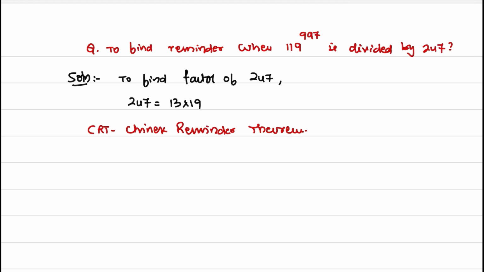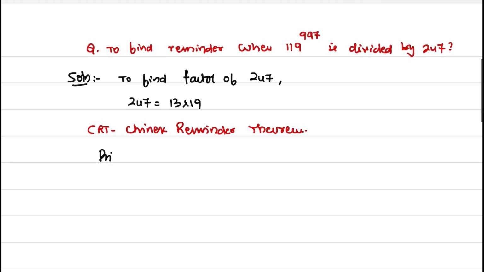We have to find out what will be the remainder when the given number is divided by 13 and divided by 19, and we have to combine both of them. Here what is the principle?